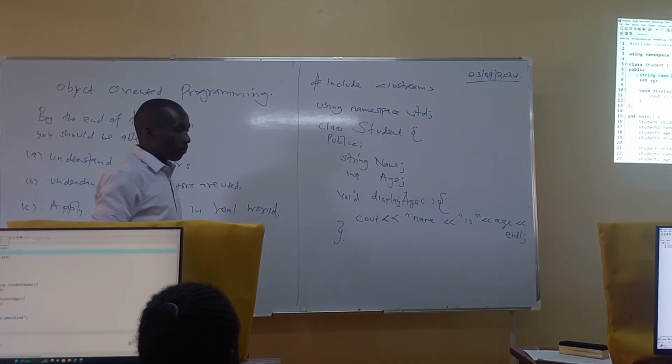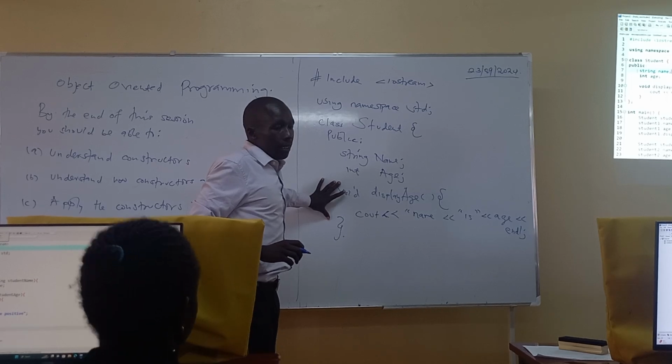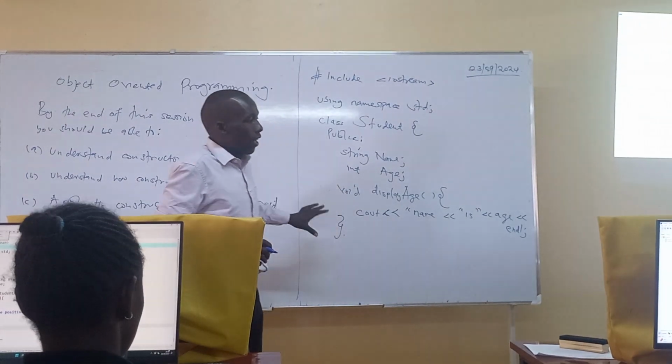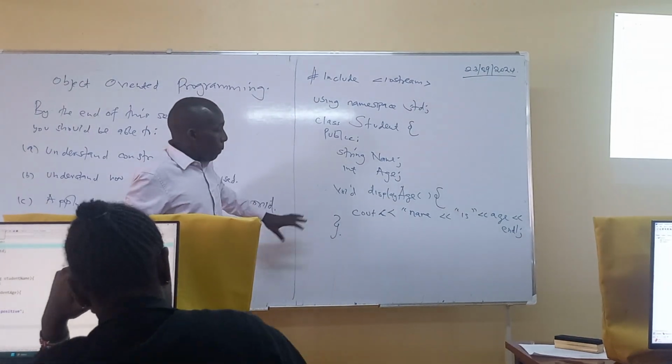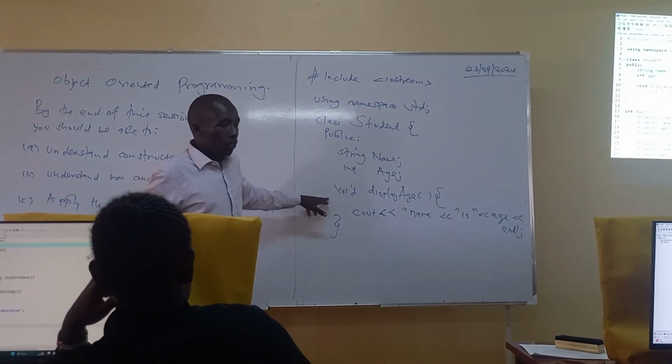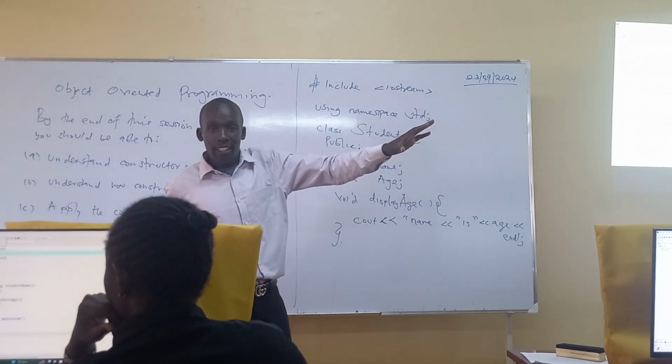Now, these are methods in C++. It's a function inside the class, right? And the purpose of this function here is to display the age to the screen, okay?